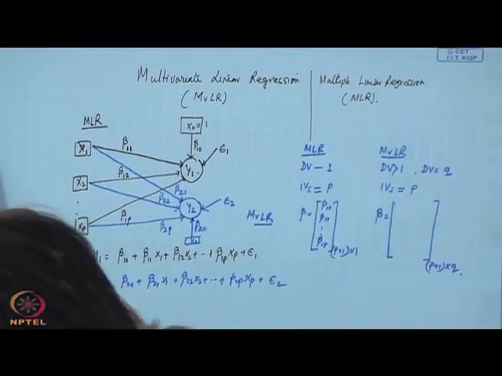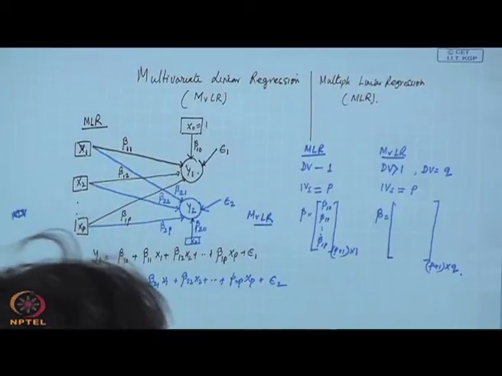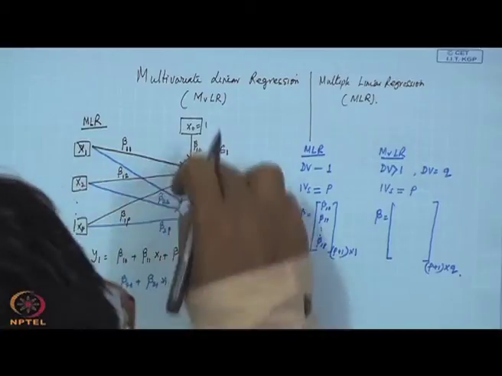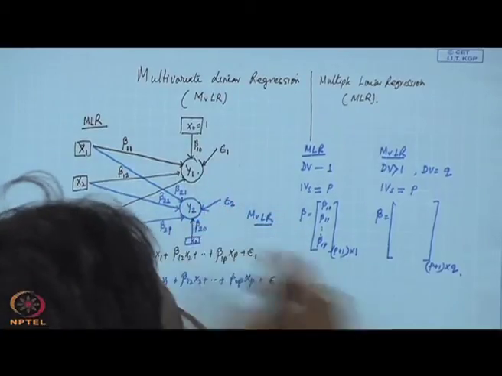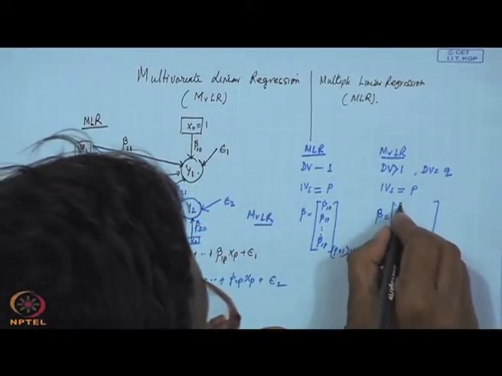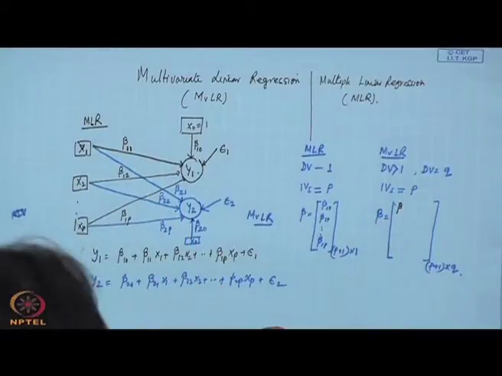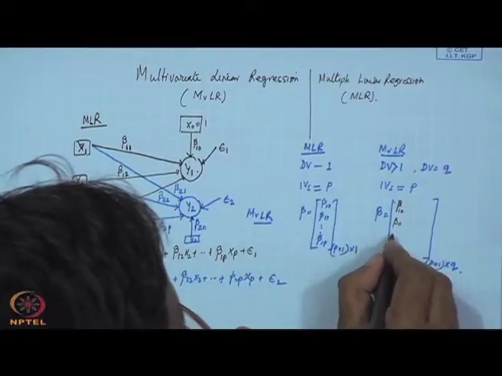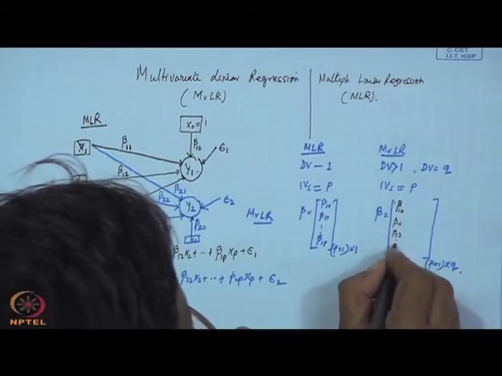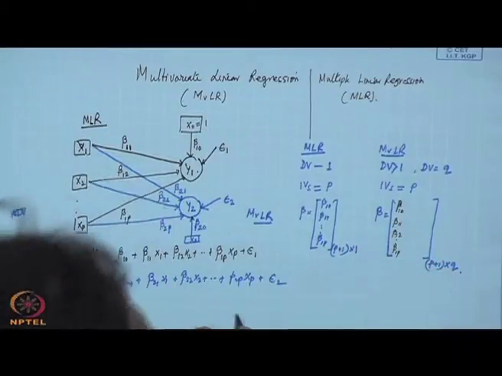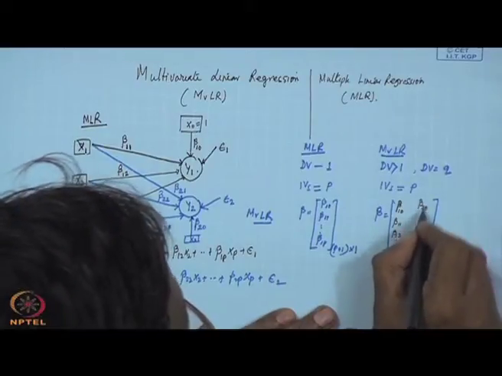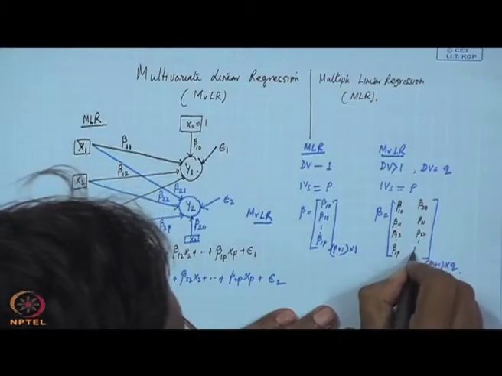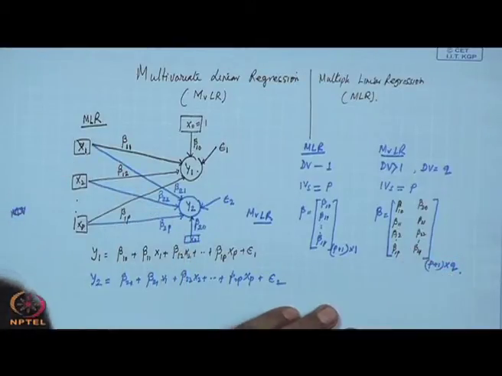So, for this particular example, your beta is beta 10, beta 11, beta 12, like this beta 1p, then beta 20, beta 21, beta 22, beta 2p.